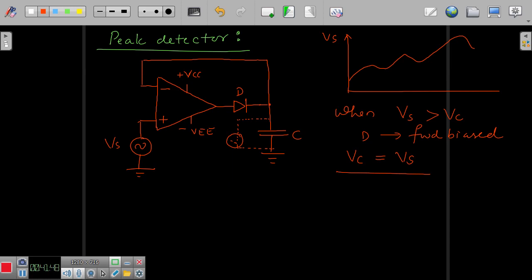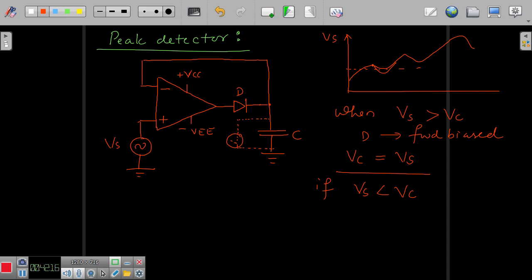Now, due to some reason, if your Vs falls below Vc, let us say that somewhere here is the Vc, right? So the maximum value what you had here across the capacitor will be retained, because your diode will be reverse biased now.